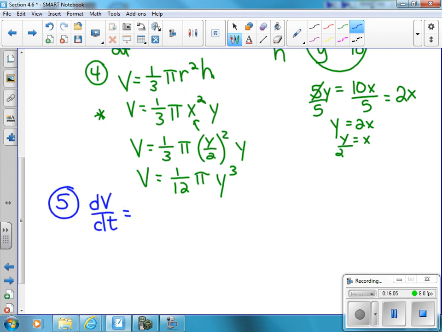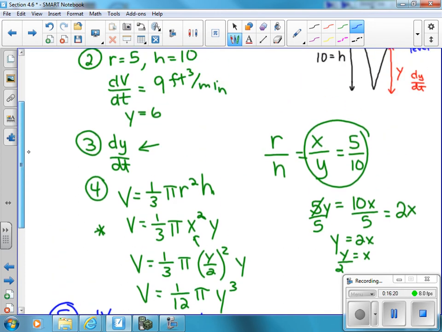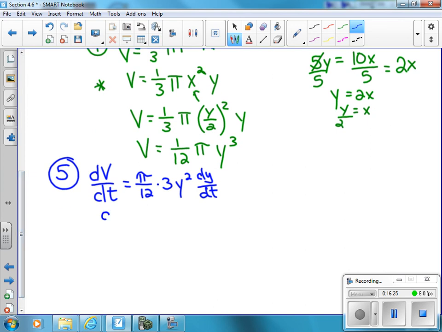dV/dt equals pi over 12, which is just a constant, so just let it sit there. And then we have 3y squared dy/dt. Okay, now we have a value for dV/dt, 9. And we have a value for y, 6. All right, so we have 9 equals pi over 12 times 3 times 6 squared times dy/dt.